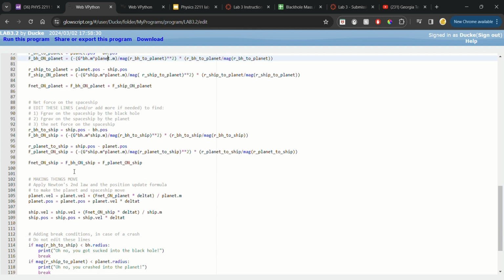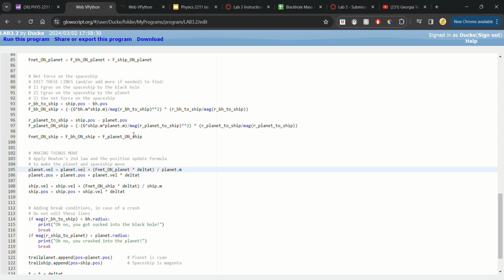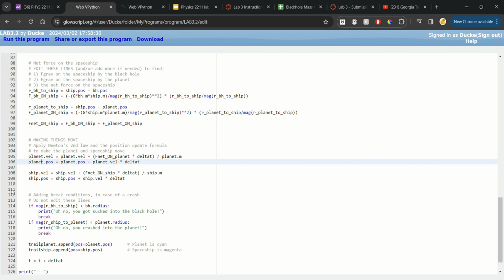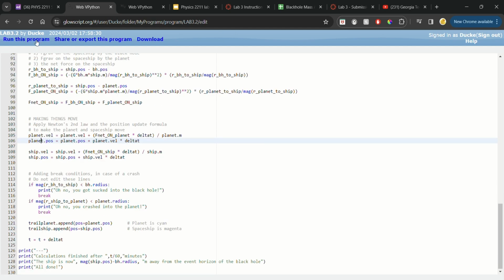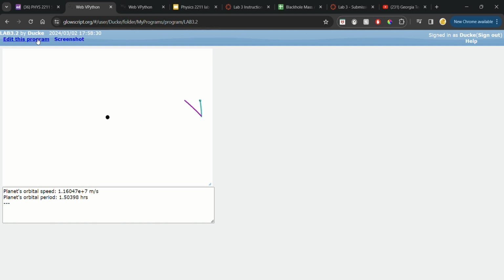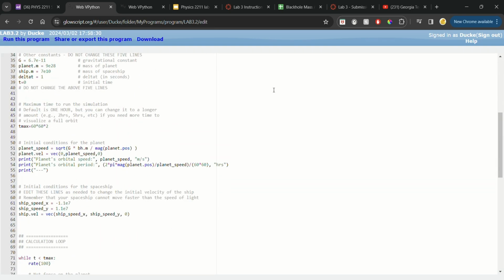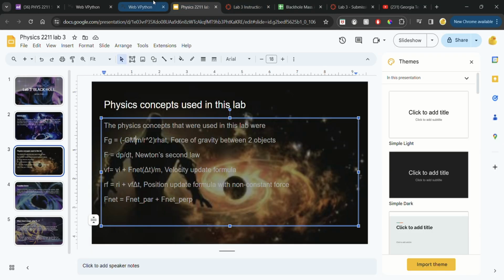And then you finally use the force that you saw from above, with the position update formula and the velocity update formula, to show the position of the ship and the planet. And so this is what it looks like. Yeah, it's pretty cool. It pretty much does that.